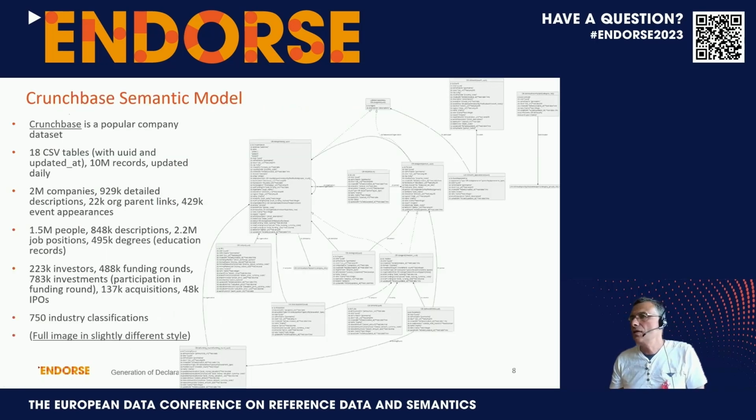So this here is a model of Crunchbase, which is a data set of companies. It has a total of 20 million rows in 18 CSV tables. This includes 2 million companies, 1.5 million people, investors, funding rounds, initial public offerings, and so on. And out of this model, we generated 18 transforms for the 18 tables.